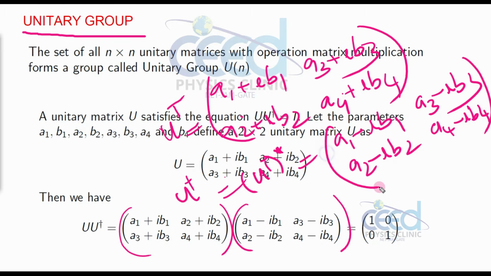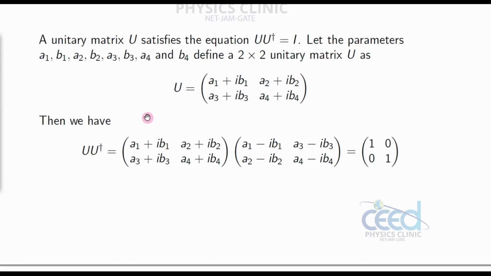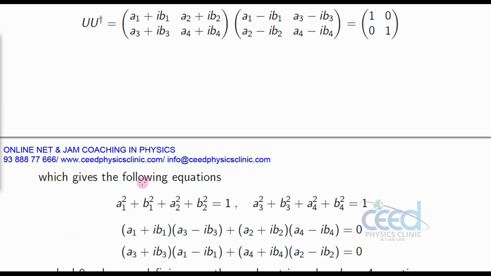So if I multiply this, it should be equal to I. By multiplication we can convert the left hand side into its simplest form. The first term is a1 square plus b1 square plus a2 square plus b2 square.